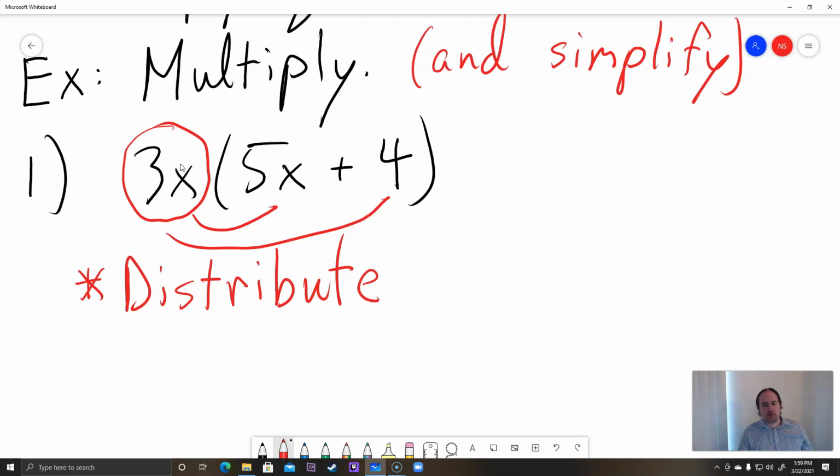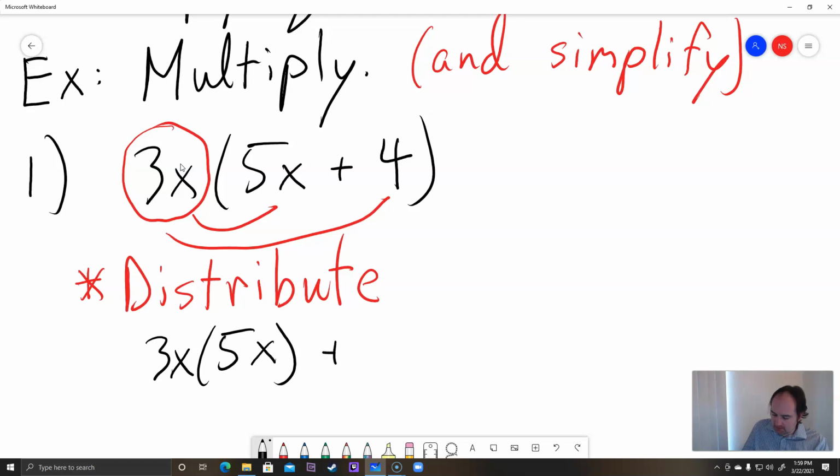Okay. So for the first term, we're going to have 3x times 5x, and for the second term, we're going to have 3x times 4. So we have 3x times 5x plus 3x times 4.